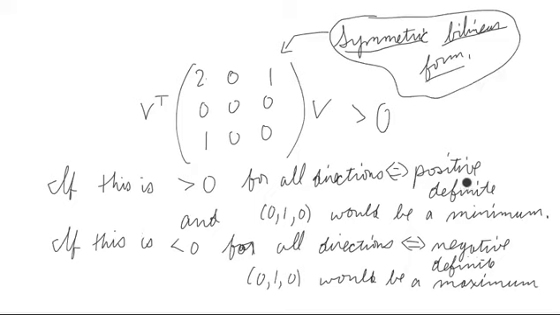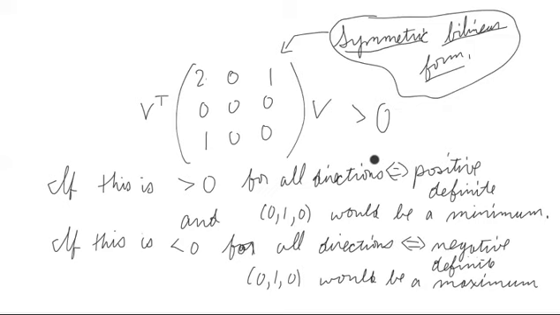One way to make sure we have a positive definite matrix is to check all the eigenvalues to see if they're all positive. Then it would be a minimum. If they're all negative, then it would be negative definite, and this would be a maximum. So it really reduces the case to looking at the second derivative and seeing if all the eigenvalues are positive, negative, or a mix.